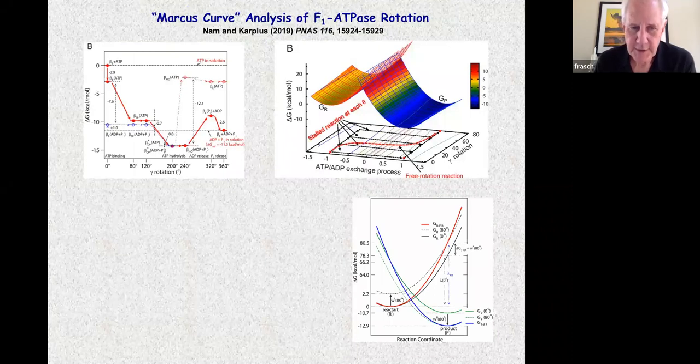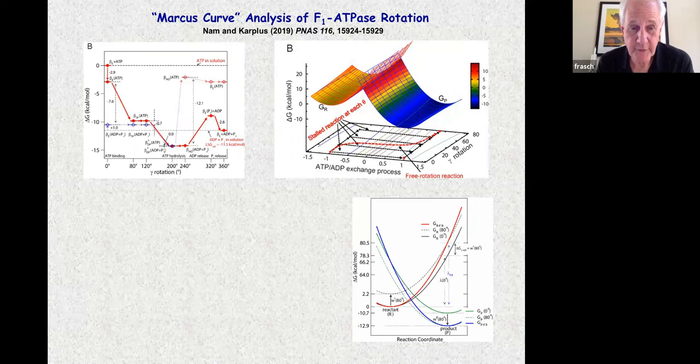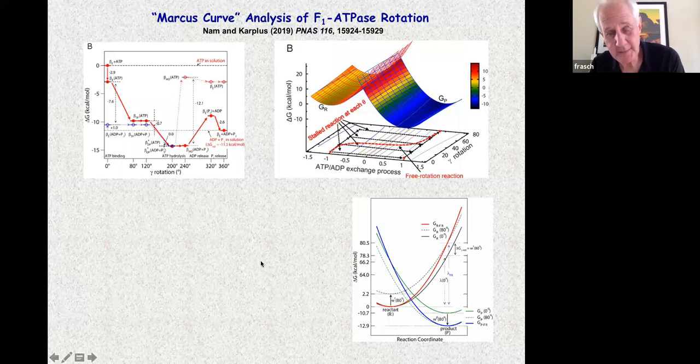So this all suggests that the point going from phase 1 to phase 2 is probably the exchange of the catch loop from what was the beta empty site to what will become the next beta empty site as it rotates.